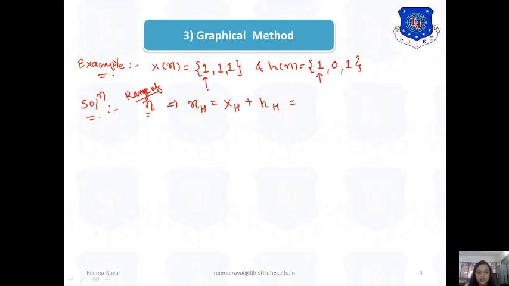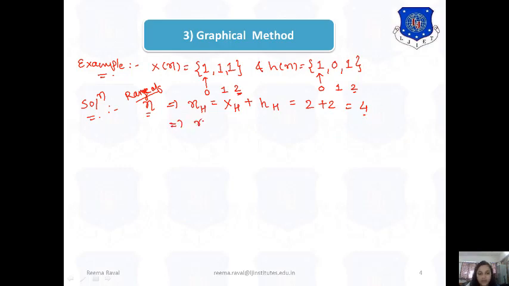Here, this indicates the 0 position, first, second. Similarly in h of n this indicates the 0 position, 1 and 2. So for x of n the higher range is 2, and for h of n the higher range is also 2. So our higher range for n will be 4.